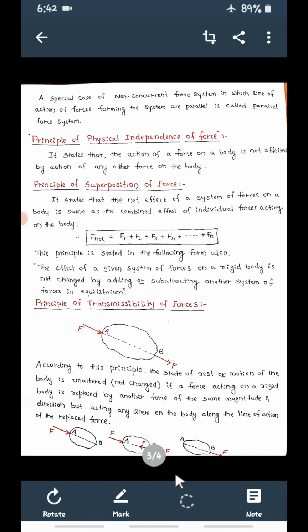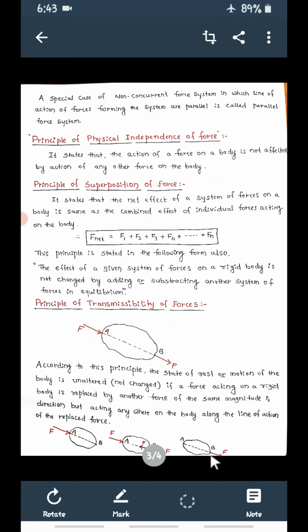Now, replacing this force with some other point, that is at point B, yes, the effect cannot be changed unless same magnitude will be applied, same direction will be applied, and at the same line of action will be applied. So I cannot apply the force here, I cannot apply the force here. Even I cannot change the direction of this, I cannot apply the force like this.